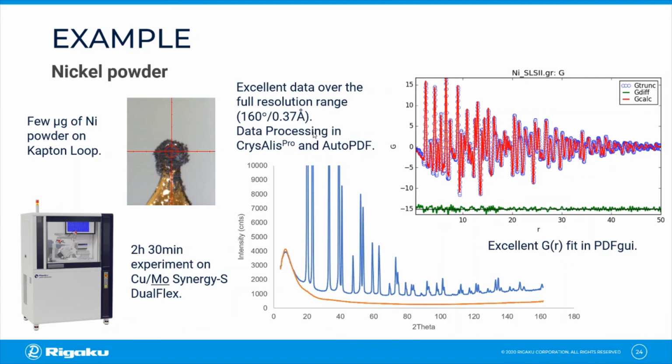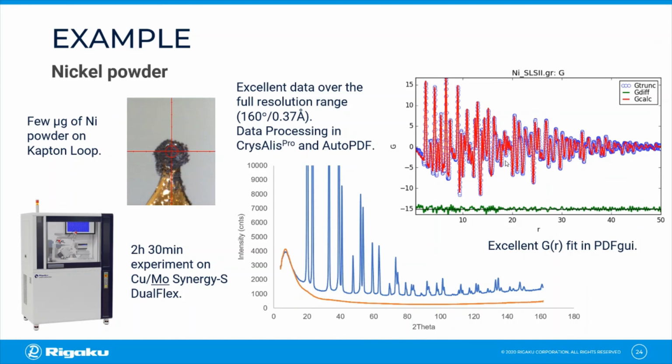These data were then processed in CrysAlisPro, so the powder pattern got extracted, and then further analyzed in AutoPDF. After that, the structure model was refined in PDXL, resulting in this G of R fit, which gives us the observed and the calculated G of R, observed one in blue, calculated in red, and the difference plot here on the bottom, which is extremely low.